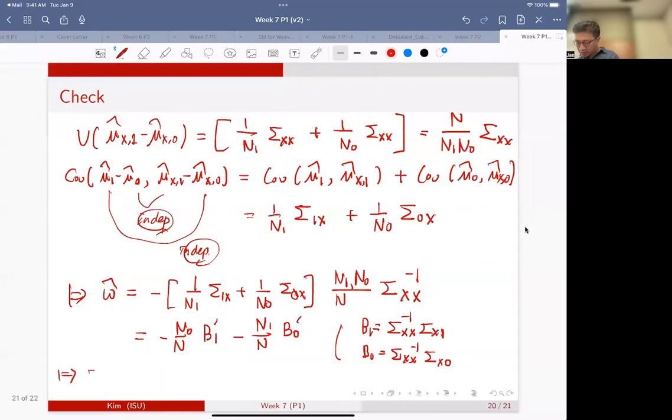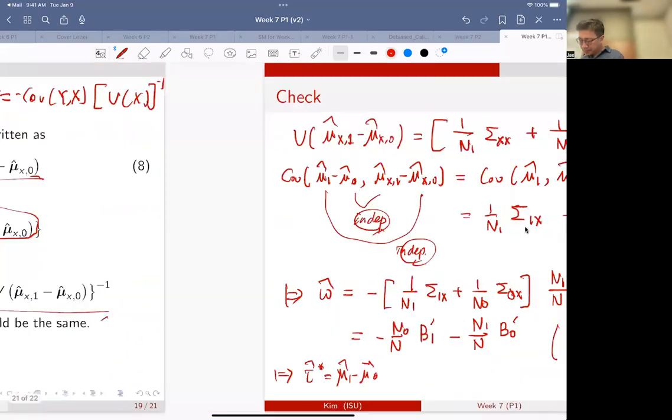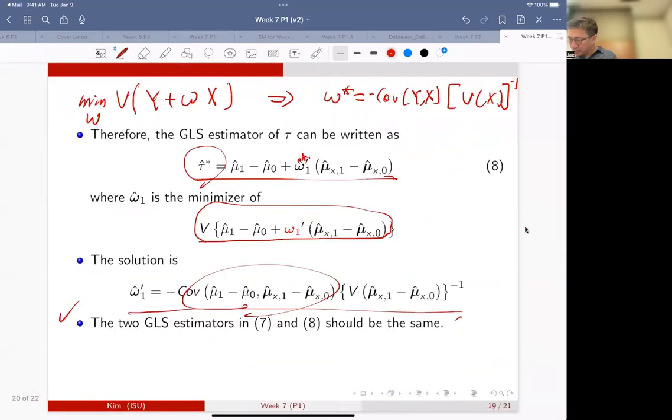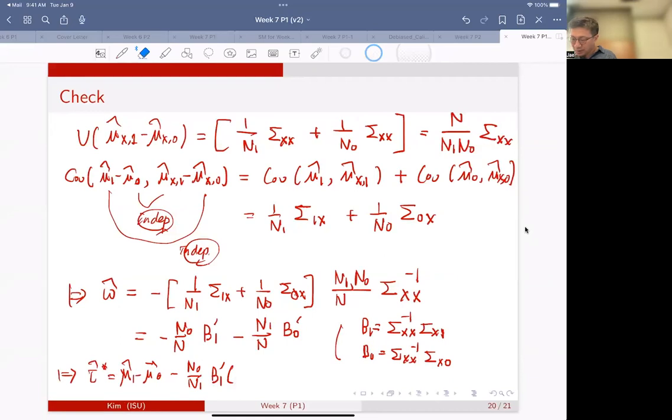Gamma star is mu at 1 minus mu at 0, and then minus n0 minus n1 times mu at x1 minus n1 over n0.